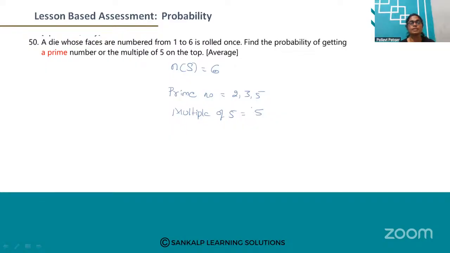So the set of unique favorable outcomes is 2, 3, 5. So n of A is 3. Okay. Therefore, the probability of the event is equal to 3 by 6. This is equal to 1 by 2.